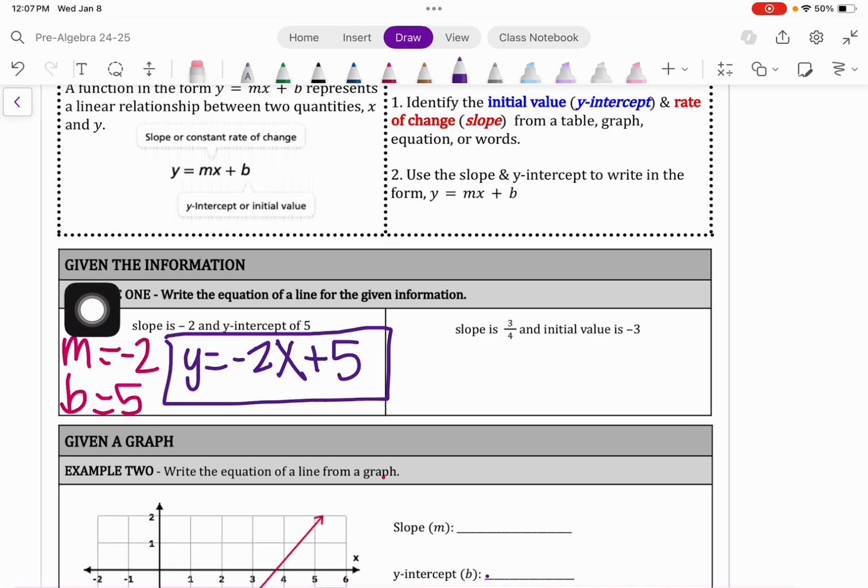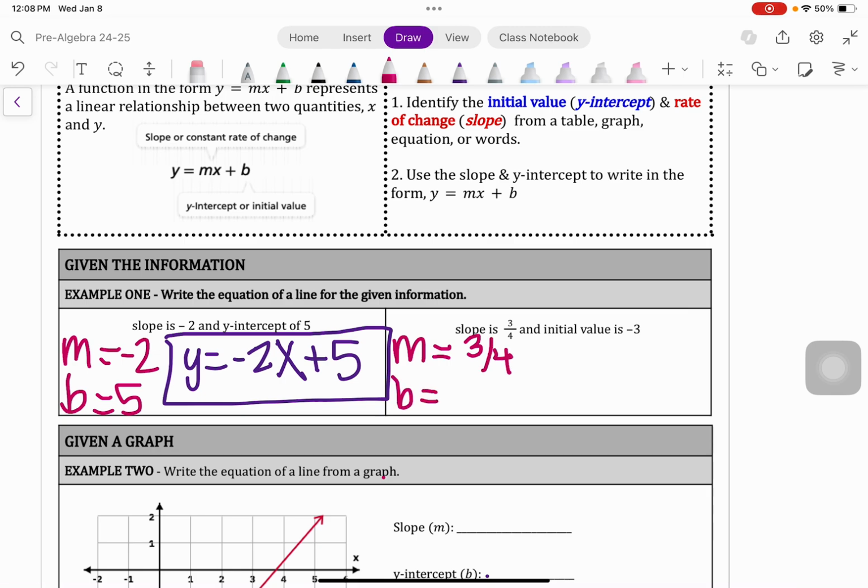Now, you don't have to identify it like this on the quiz unless I ask you to. You could skip this step and go straight to here, but make sure you know that slope is your letter m and y-intercept is your letter b. I'm going to do the same thing over here. My slope is my m, and that's 3/4.